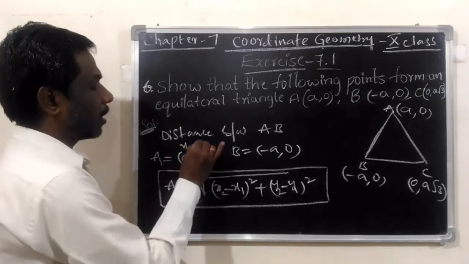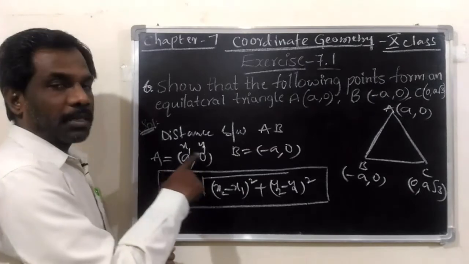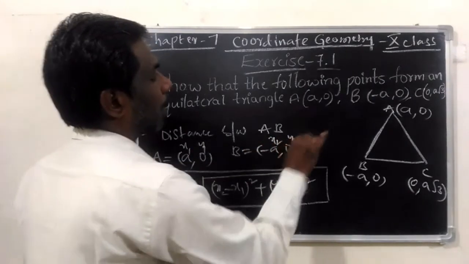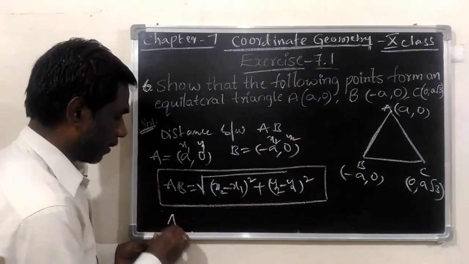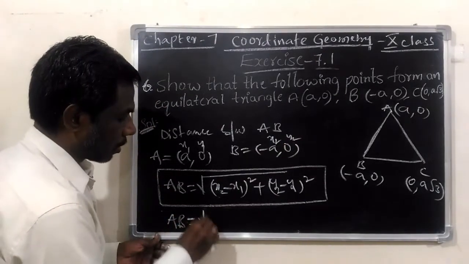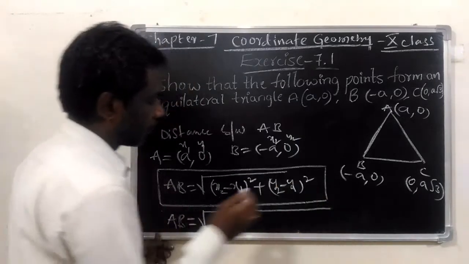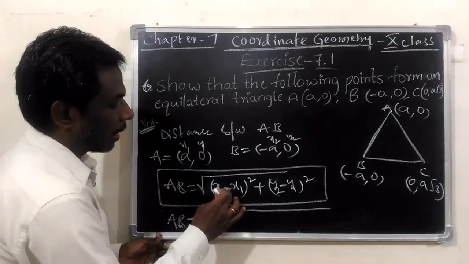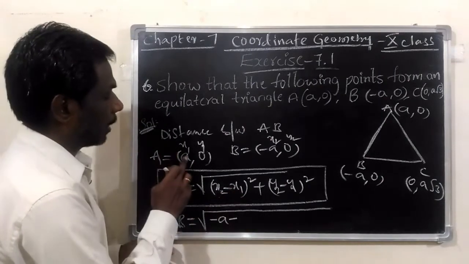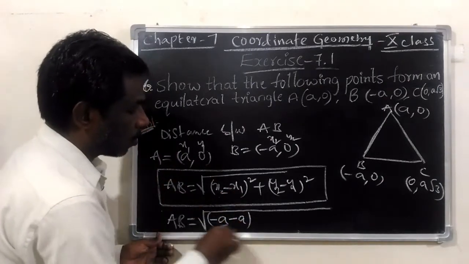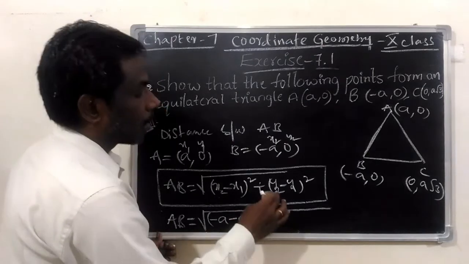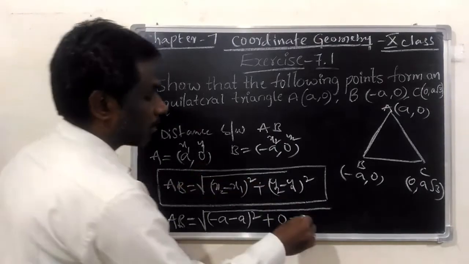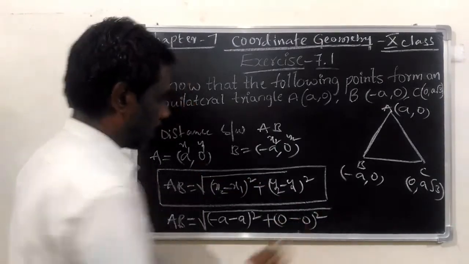Assume the first point is (x1, y1) and the second point is (x2, y2). AB equals under root of x2, which is minus a, minus x1, which is a, whole square, plus y2, which is 0, minus y1, which is 0, whole square.